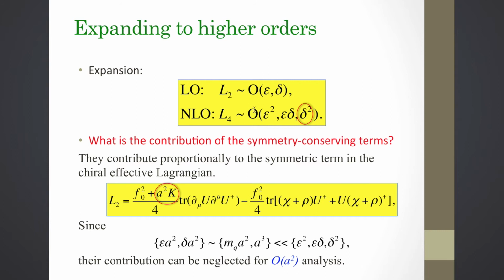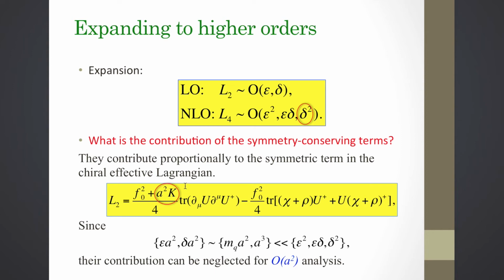At the leading order, only the kinetic term is chirally invariant. So the symmetry conserving terms at order a squared will only contribute a shift to the constant f naught squared. The shift is a squared times some low energy constant.